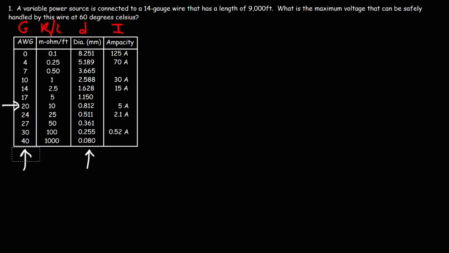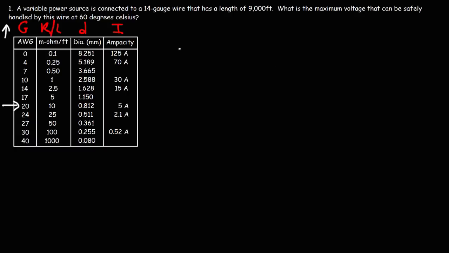Let's work on a problem that we have on the top of the screen. A variable power source is connected to a 14 gauge wire that has a length of 9,000 feet. What is the maximum voltage that can be safely handled by this wire at 60 degrees Celsius?